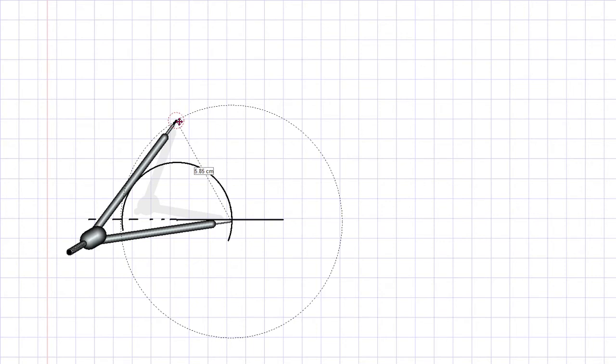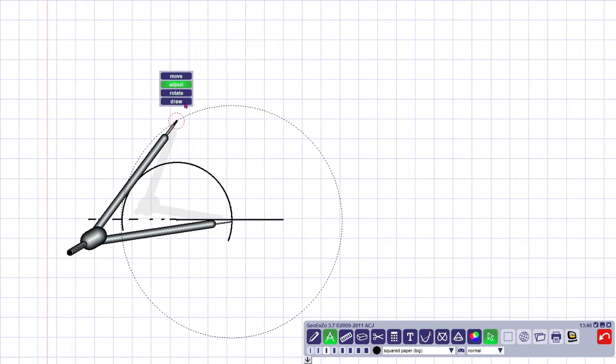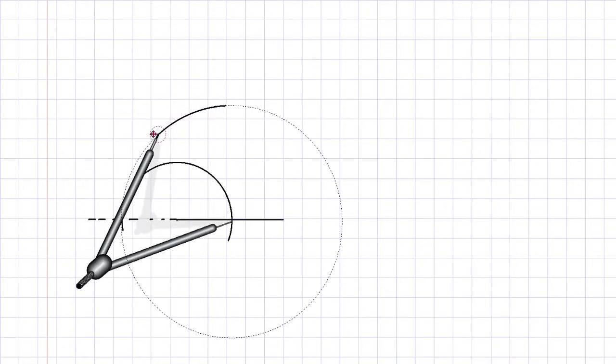Adjust the distance between the tip of the compass and the pencil. Now draw another arc this way.